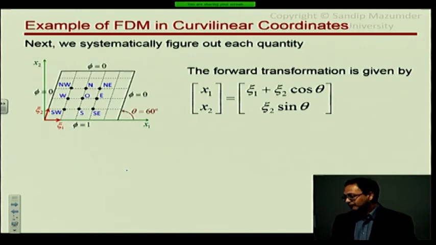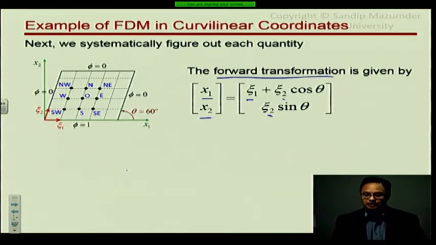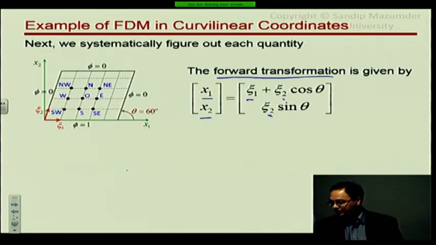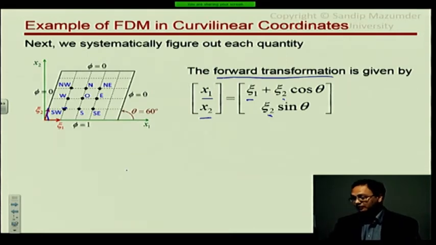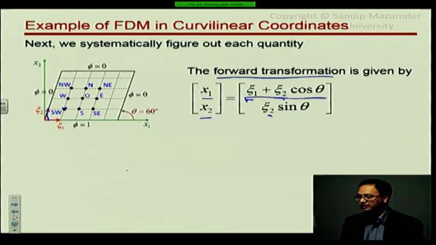So here is our forward transformation in this case. x1 in terms of xi1, xi2, x2 requires only xi2. Okay, that's straight from the geometry. Basically you can see the y component of any point will be xi2 times sine of theta, and then x1 will be xi2 cosine theta plus xi1.